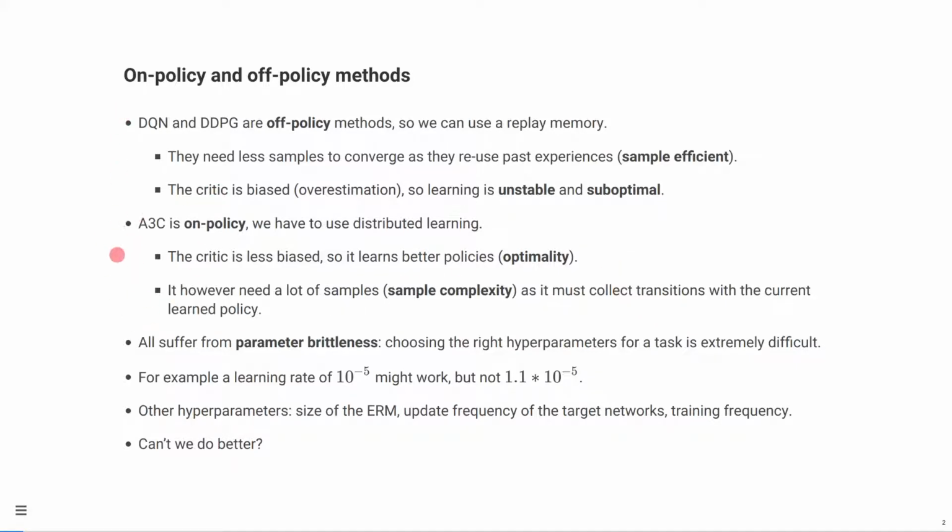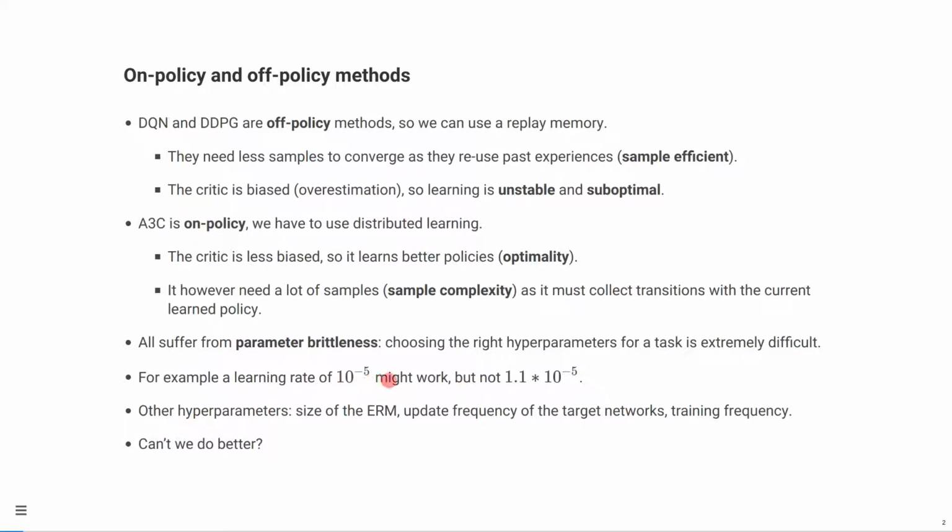One common problem to all these methods is called parameter brittleness. That means they are really tricky to train. The hyperparameters that you choose will determine if you converge to something correct or not. And that's also true for on-policy. That's much more difficult than in supervised learning, where if you change your learning rate, for example, just a little bit, it's still going to converge.